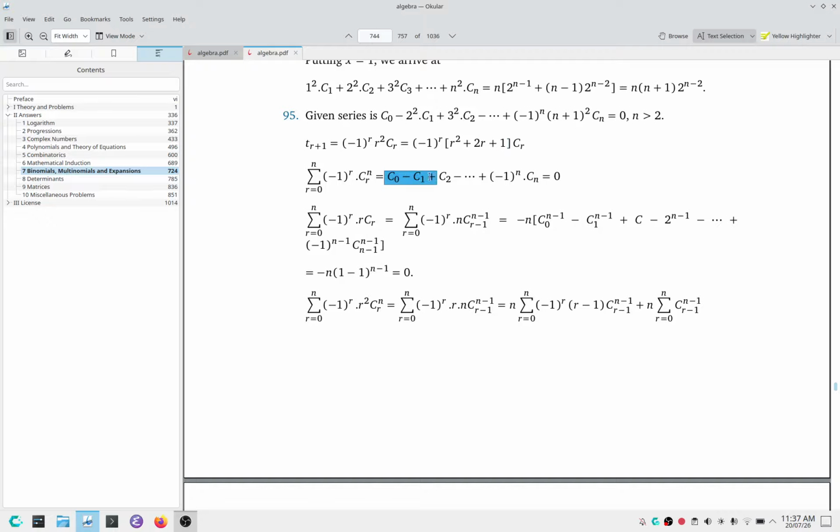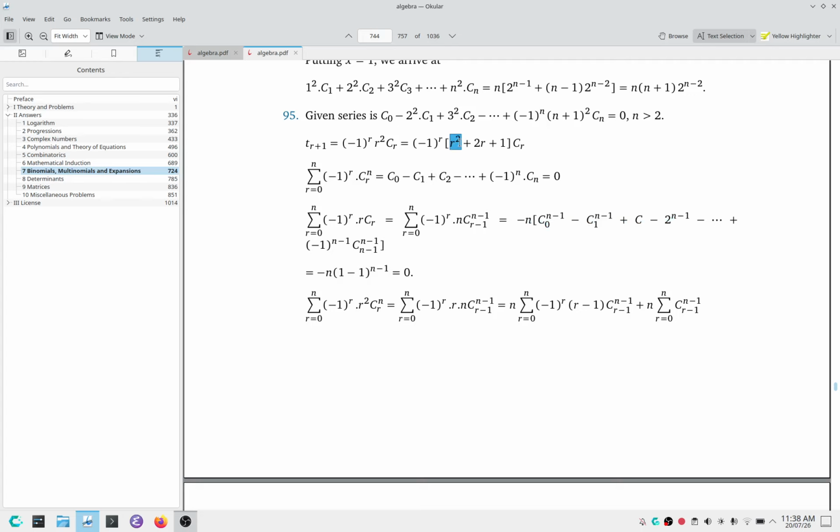So this is equal to C0 minus C1 plus C2 up to (minus 1) to the power n Cn, which is equal to 0. Now we consider the middle term, (minus 1) to the power R times R CR, which is equal to (minus 1) to the power R times n times (n minus 1)C(R minus 1). So this should vary from R is equal to 1 to n. So we see that this sum is equal to 0.